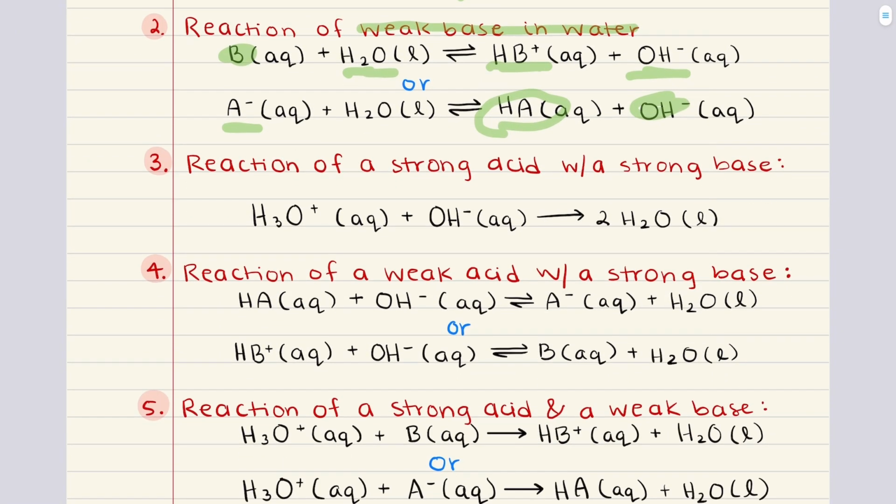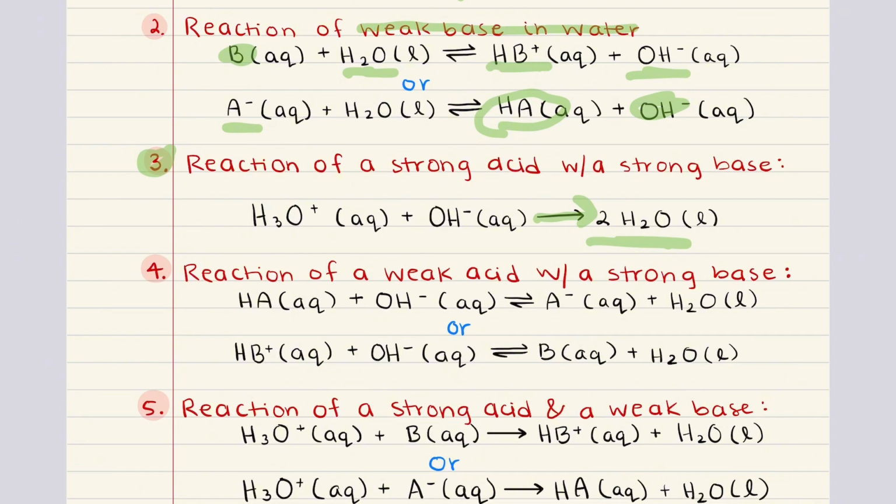The third type is the reaction between a strong acid and a strong base. Since both the strong acid and the strong base fully dissociate, they react completely to produce water. This type of reaction goes to completion, meaning that equilibrium is not involved.